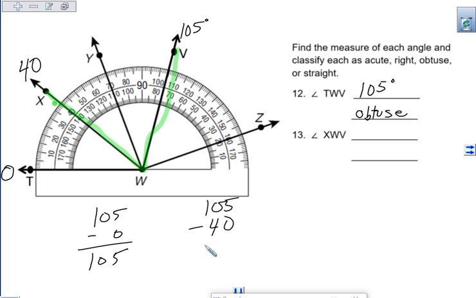Subtract them. And we get 65 degrees. And what kind of angle is that? It's acute. Remember that a right angle has to equal 90 degrees. A straight angle has to equal 180 degrees.